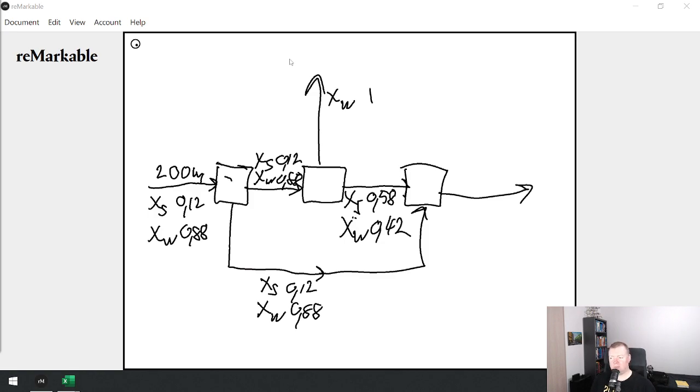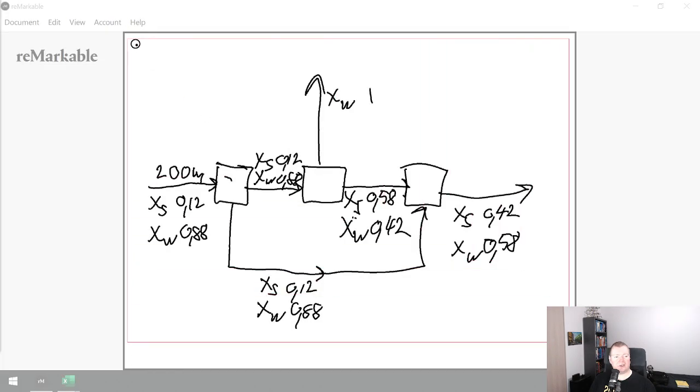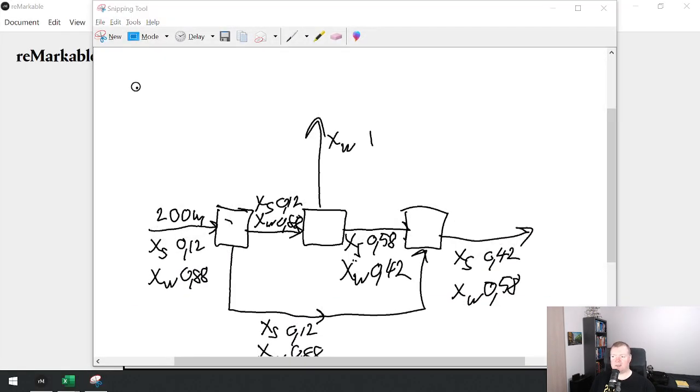And finally, my product that I want to sell to my customer has to have a solids percentage of 42%, and the amount of water would be 58%. So that's the system I want to try and see if I can set up in Excel. I am not being given any other information than that. So let's just grab that artwork, see if this actually ends up working.